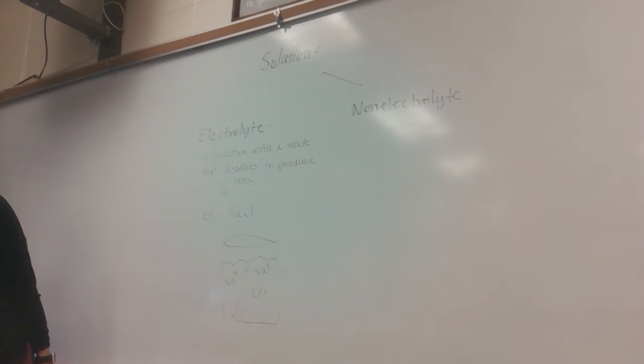The dissolving of salt literally breaks it apart into its positive ions and its negative ions. If you could look at salt water under a very strong microscope, you would see sodium ions and chloride ions.